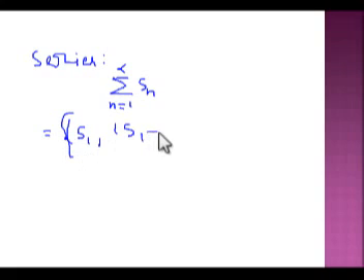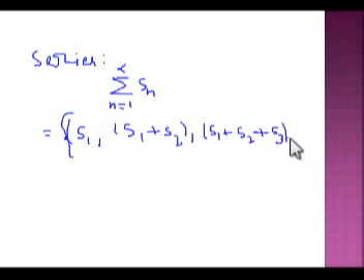If we take 3, there will be S1 plus S2 plus S3, and in this way it continues, and the last element will be S1 plus S2 plus S3 plus dot dot dot Sn.